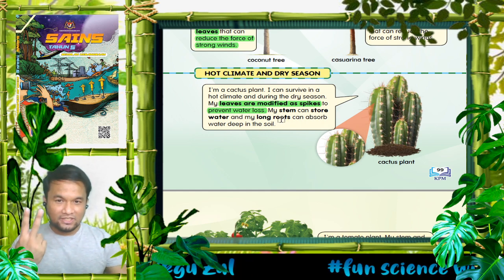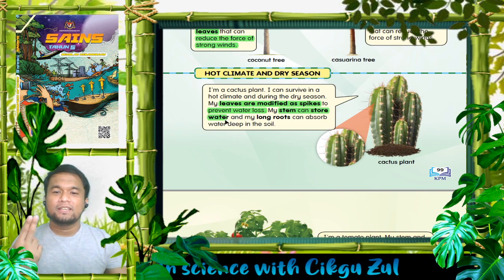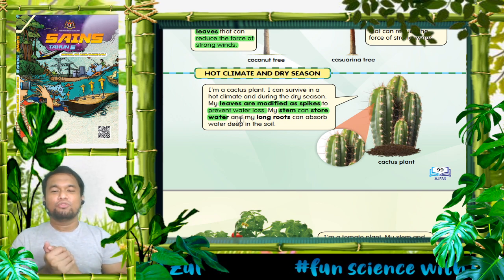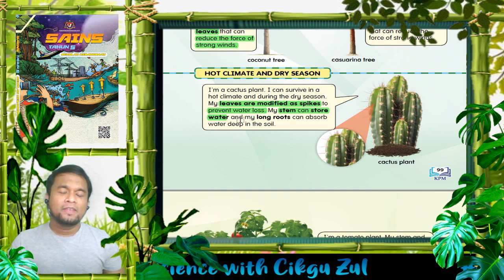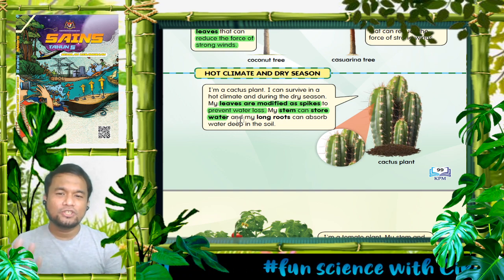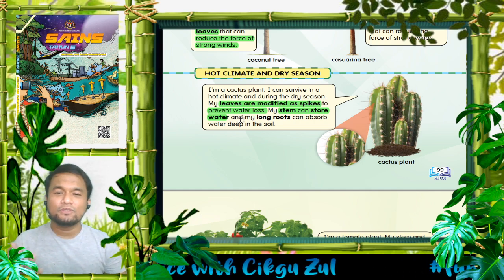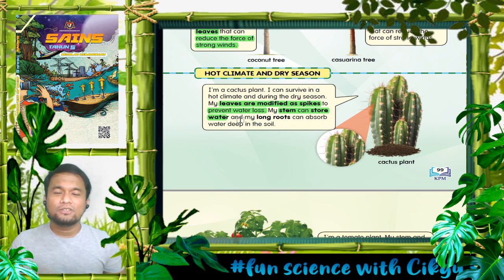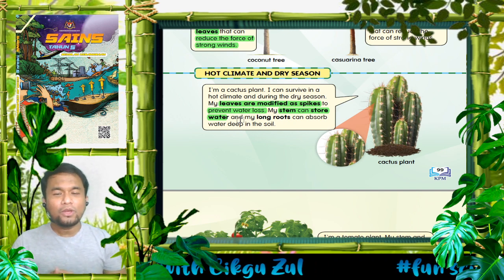Another characteristic is its stem can store water. Jadi dalam dia punya batang dia boleh menyimpan air. Kalau kamu tengok cerita kartun ke, or maybe a movie, action movie, or any film or drama depicting the situation in the desert, bila dia sudah dahaga, siapa-siapa watak dia sudah dahaga, what will they do?